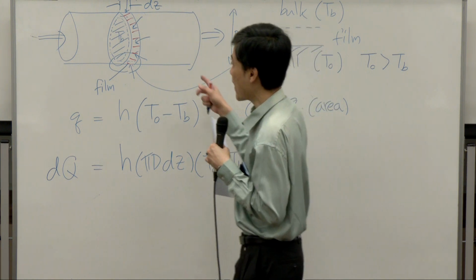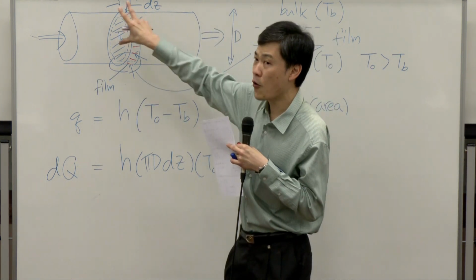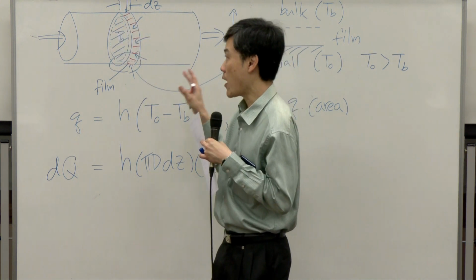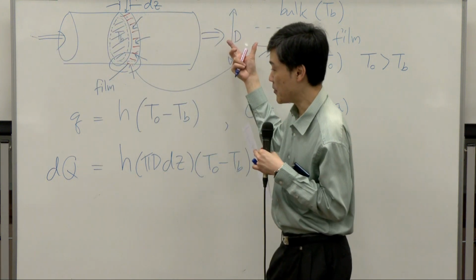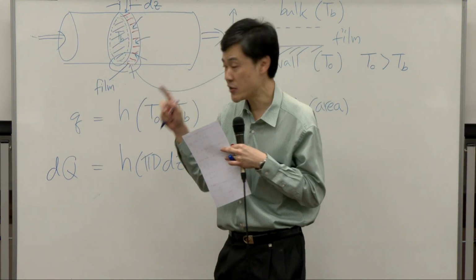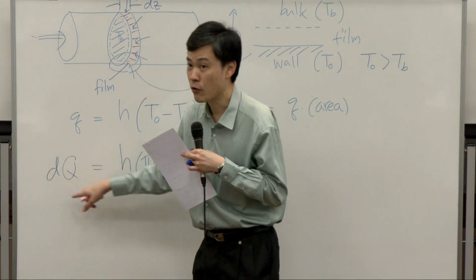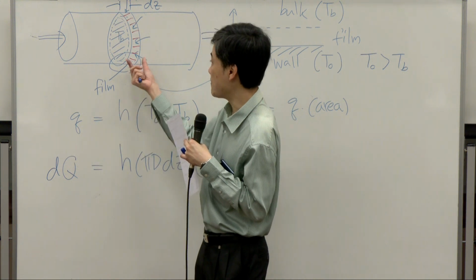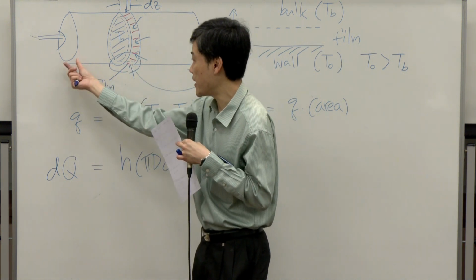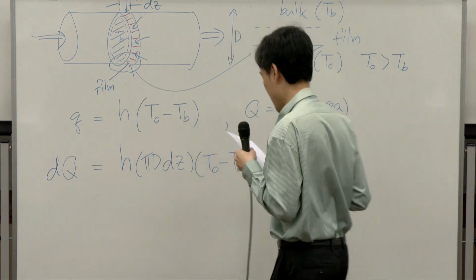Now, in order to find the overall heat transfer through the whole pipe, required to heat the water from this temperature to that temperature, I need to integrate this equation. If I do the integration, I end up with total heat. Integration means that I move this slice from the very beginning throughout the end, just like what we did earlier.